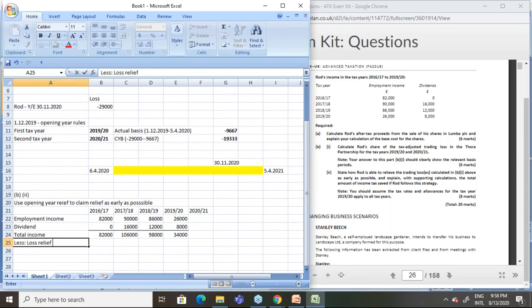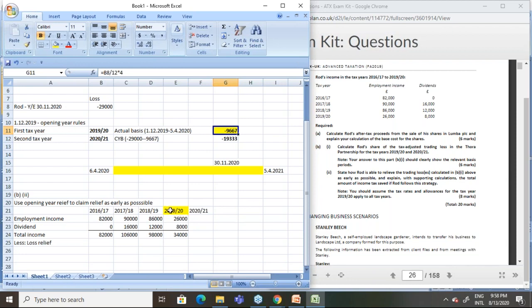Opening year loss relief. First, we will take the 2019-20 loss. In 2019-20, you have a loss of 9,667.